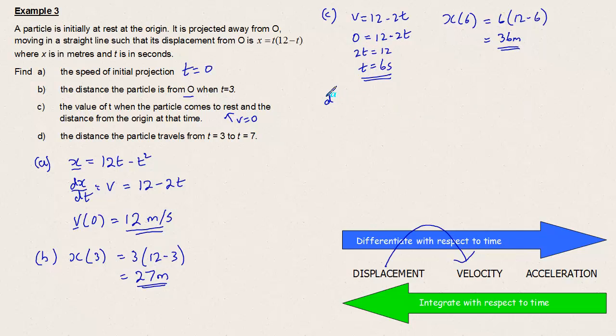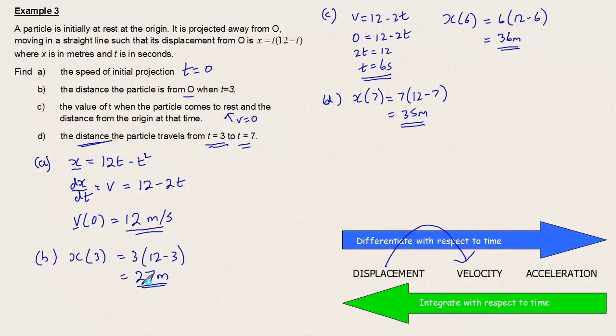We now want the distance, not displacement, the particle travels from t equals 3 to t equals 7. We already know x of 3 from part B. We'd like to have x of 7, so that's going to be 7 times 12 take away 7, 7 times 5 is 35 meters.